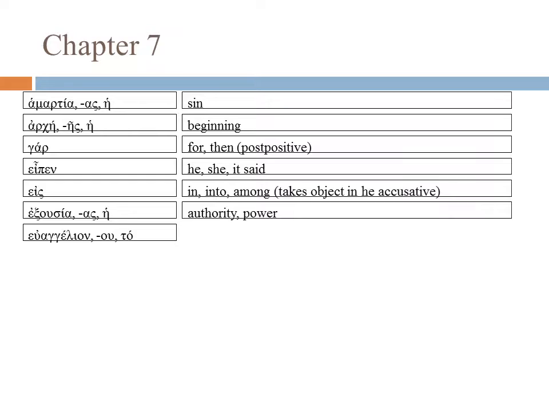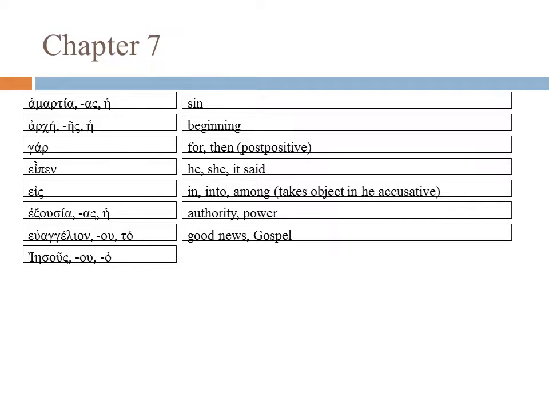Euangelion. Second declension, neuter. Note euangelion. The double gamma makes it a gamma nasal. The good news, the gospel, it literally means good news.